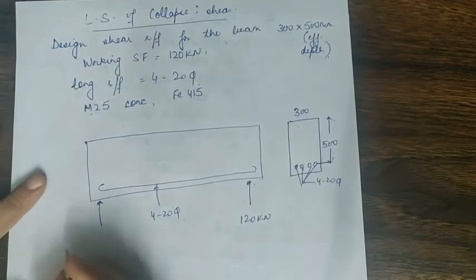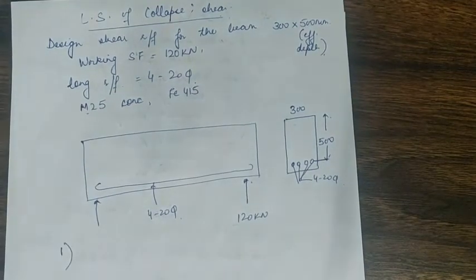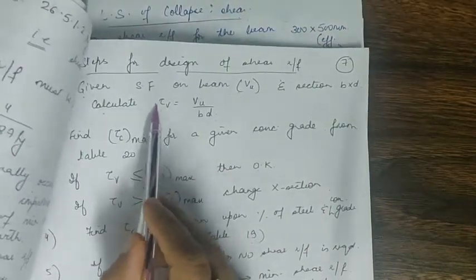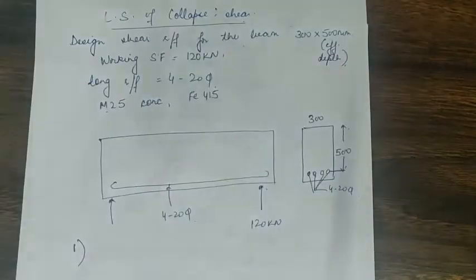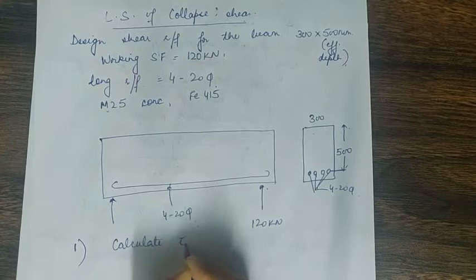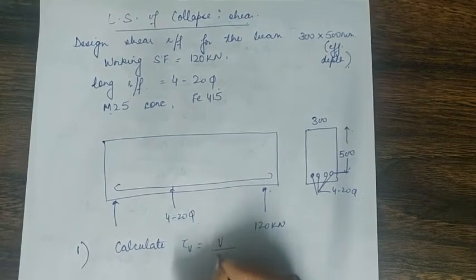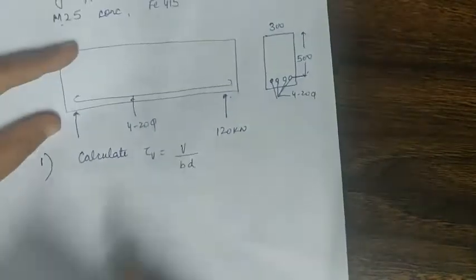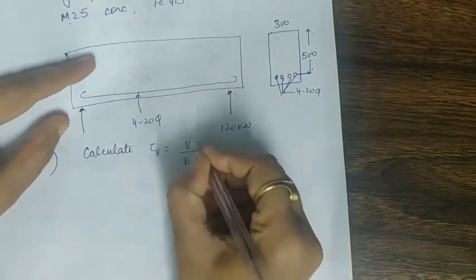So if you remember, what was step 1? Step 1 was to calculate the nominal shear stress, tau V. Tau V was V upon BD, where V is the factored shear force.